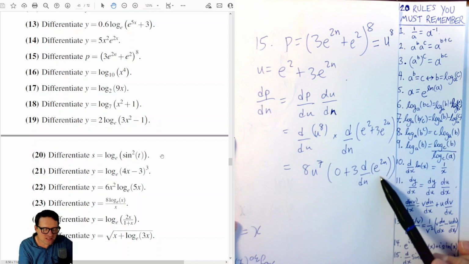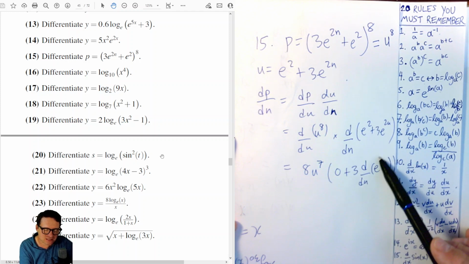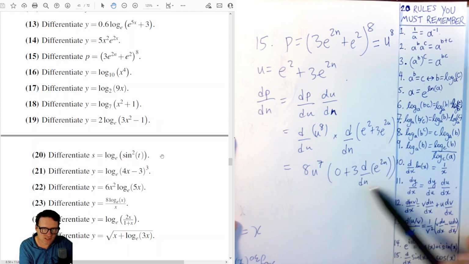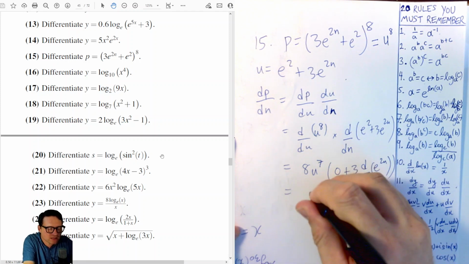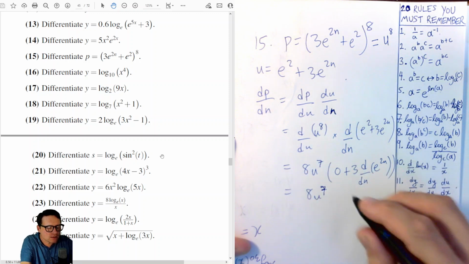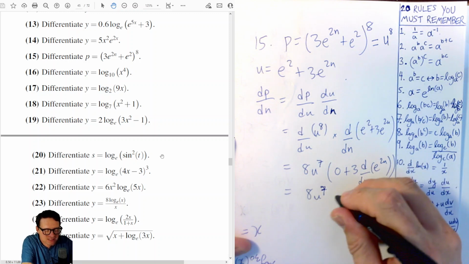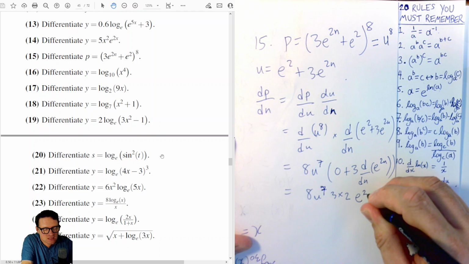Using the chain rule, you would generate an extra 2 because you would differentiate the 2n with respect to n also and multiply. Okay, and so we have 8u to the 7, 3 times 2 is 6, and then times e to the 2n.